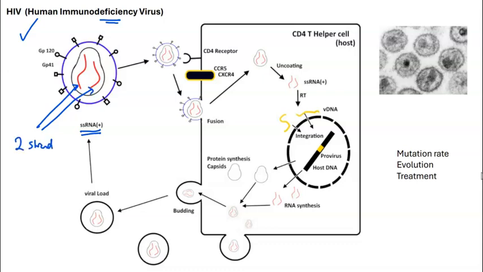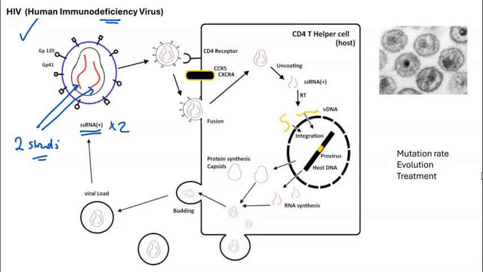These are not forming a double helix. There are two of the strands. Now this is understood to play a role in the correction of any translation errors which occur within the life cycle of the virus.